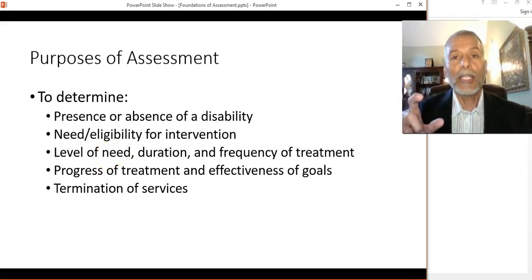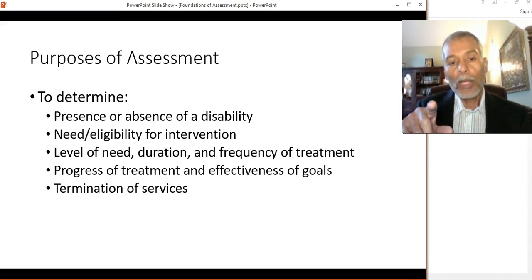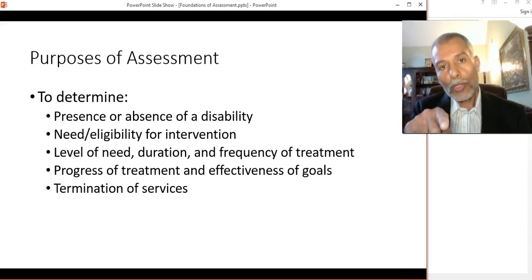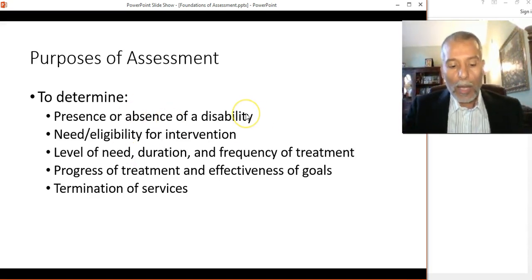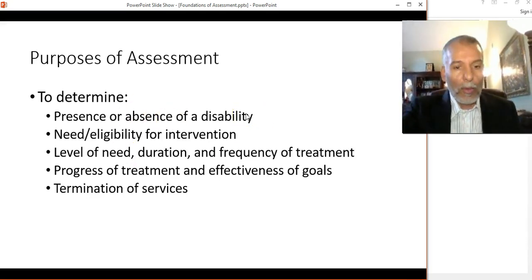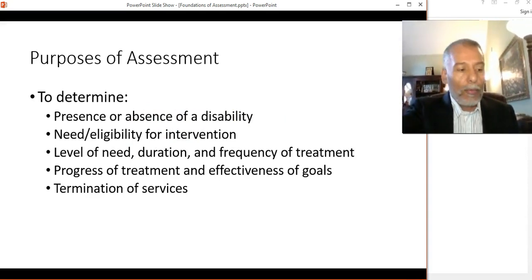Is it a mild problem? Is it a moderate problem? Is it a severe problem? It doesn't end here. You also ask, is it a mild to moderate problem, or is it a moderate to severe problem? So how many levels of rating of the disability or the disorder do we have now?